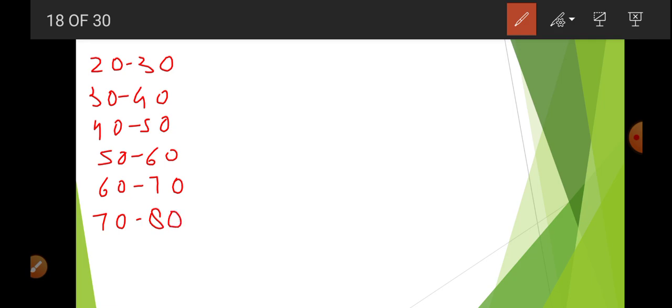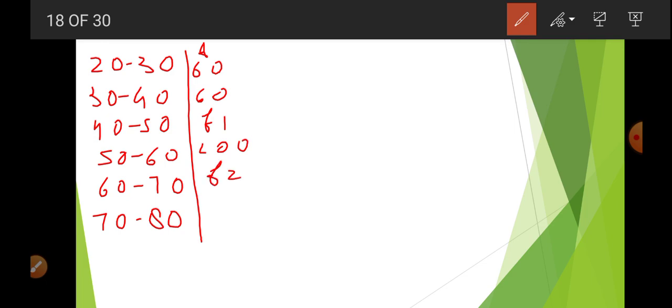So this is the value of x. f is given 60, then 60, then not given, so I will consider f1, then given 200. After that, not given, so I will write f2, and then given 285.